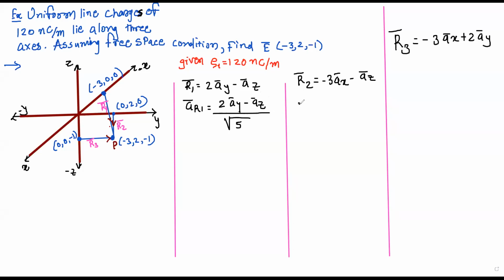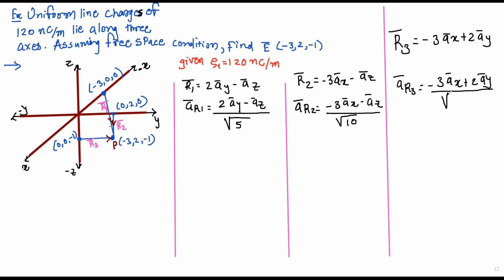Then a bar R2 is equal to -3 a bar x minus a bar z divided by under root 10. And a bar R3 is equal to -3 a bar x plus 2 a bar y divided by under root 13. So we got the vectors and unit vectors.